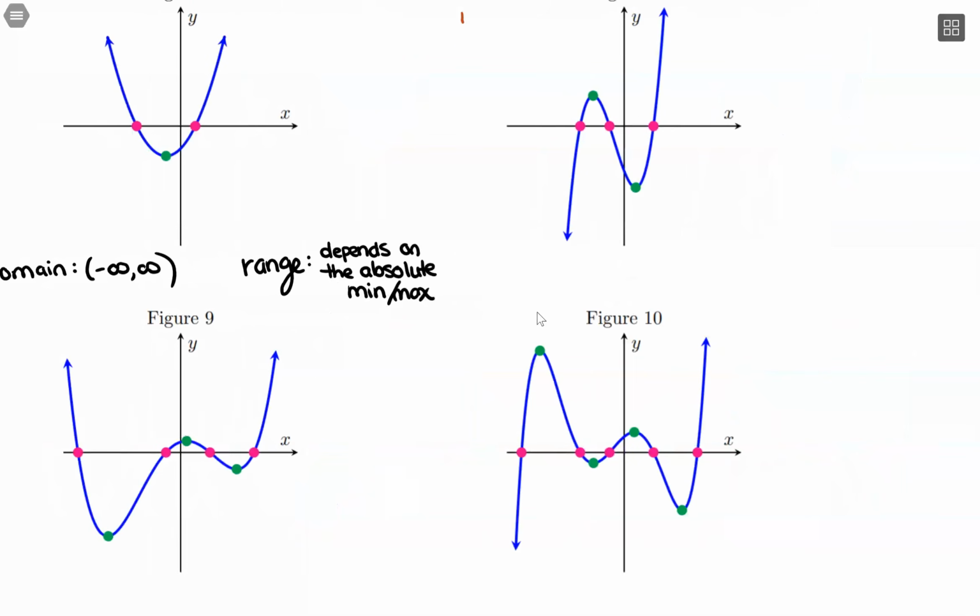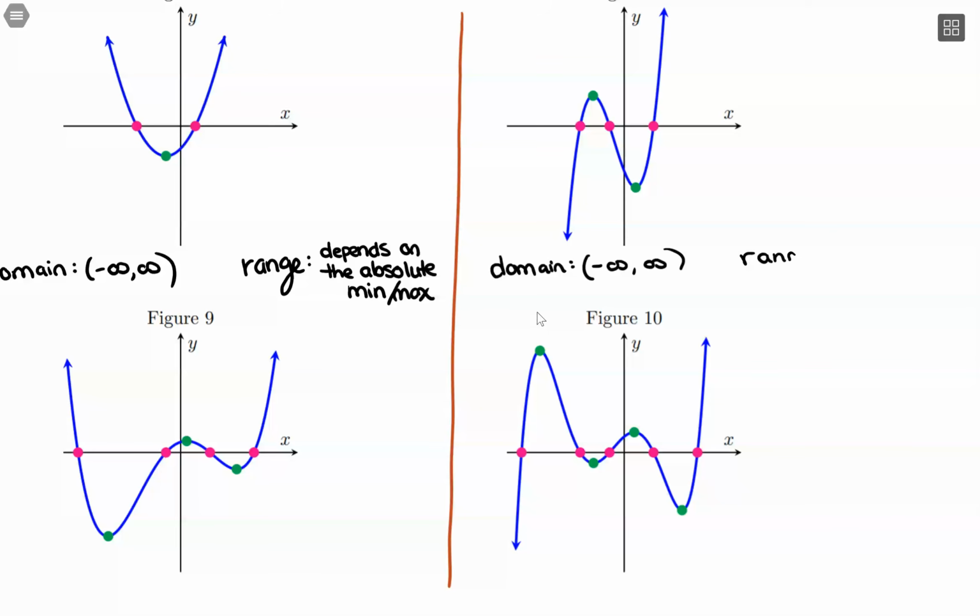For odd degree polynomials, if we look at the domain for both of these, for x, we can plug in absolutely anything and we'll have our graph. Same thing down here, we can plug in absolutely anything. So domain, all real numbers.